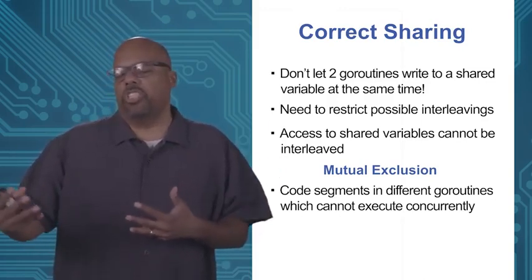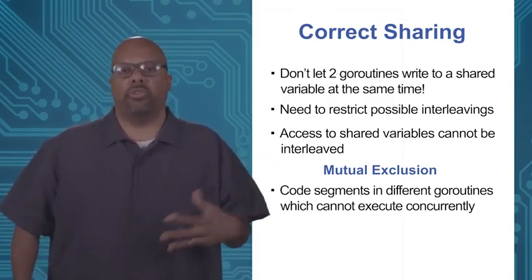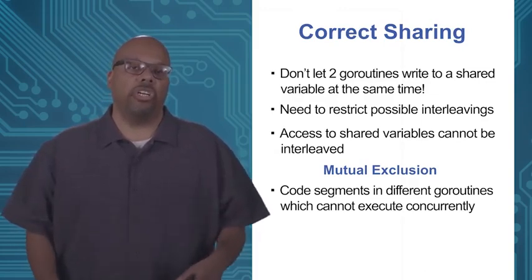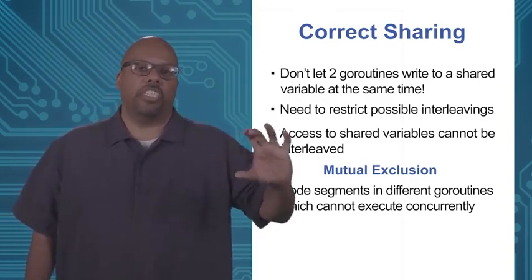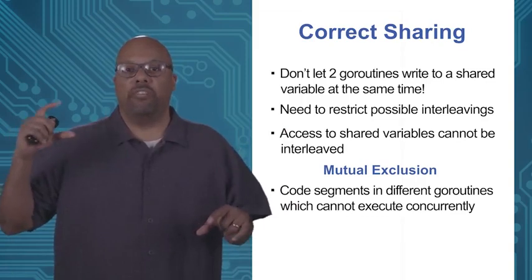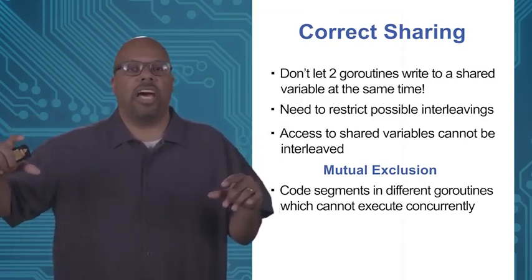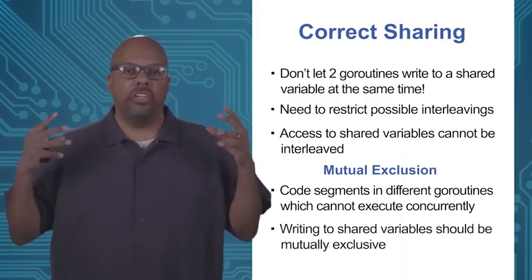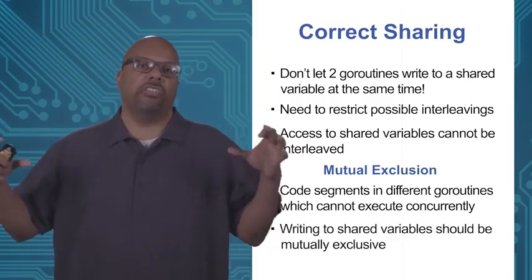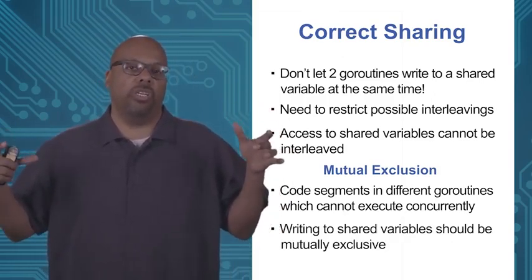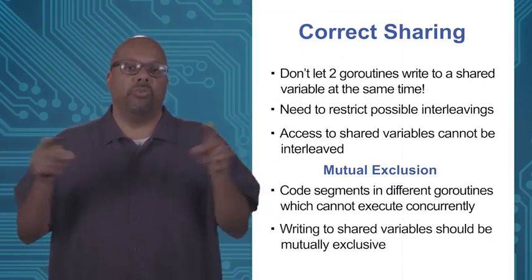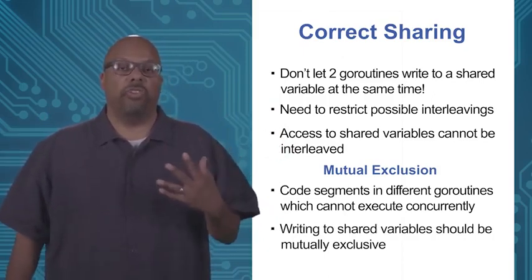So say these two Go routines both write to I, I equals I plus 1, I equals I plus 1. You have to make sure that the segment where one Go routine writes to I is mutually exclusive with the writing to I for the other Go routine. So you have to declare these segments of code that are mutually exclusive with one another, and you have to do that as a programmer.